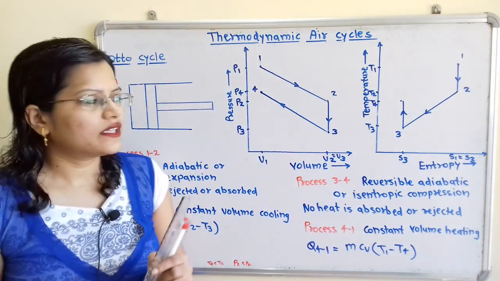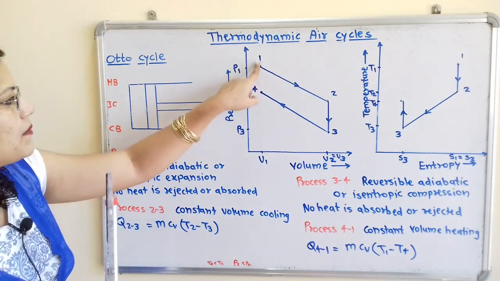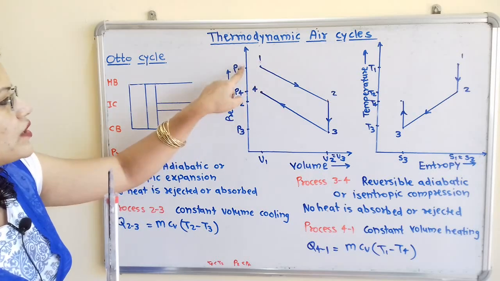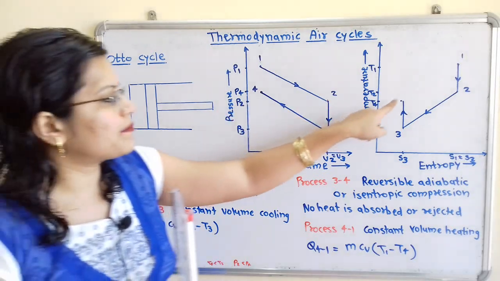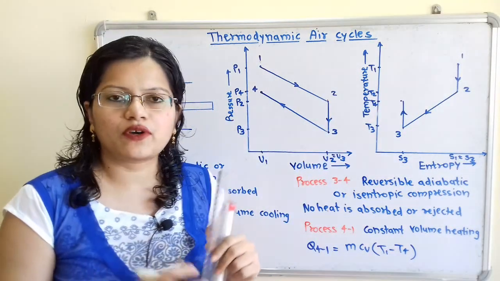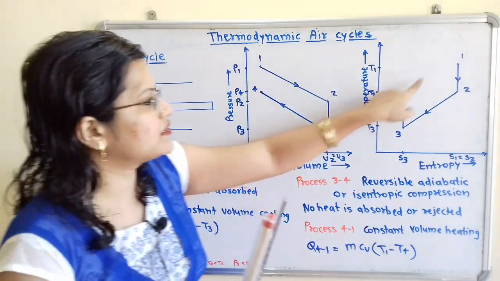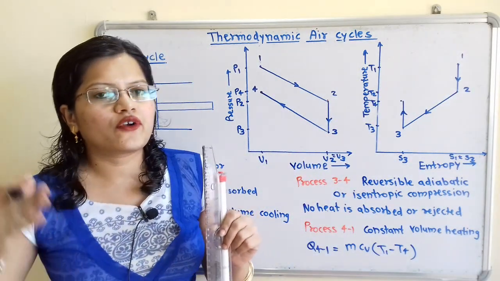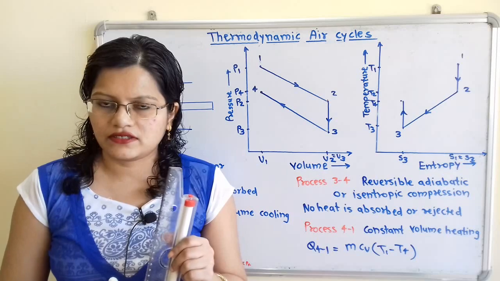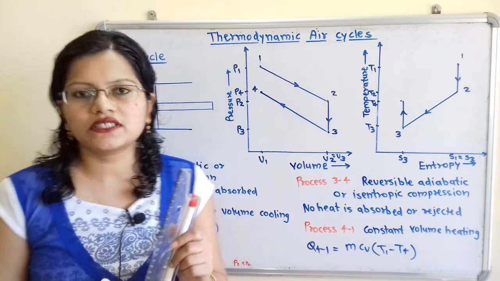Whenever the heating process is taking place, we have to show an increase in pressure. As pressure is getting increased, temperature is also getting increased. Because of heating, we have to show an increase in temperature, and entropy is also getting increased. So we have to satisfy all these conditions.